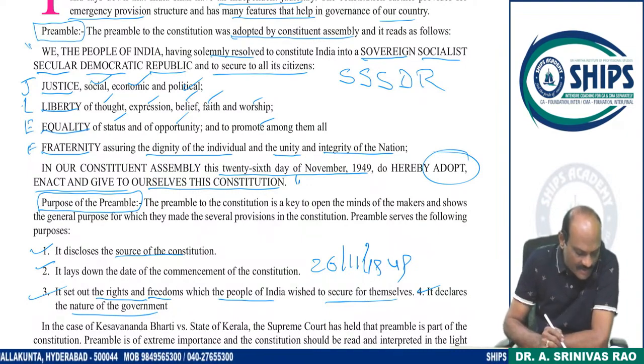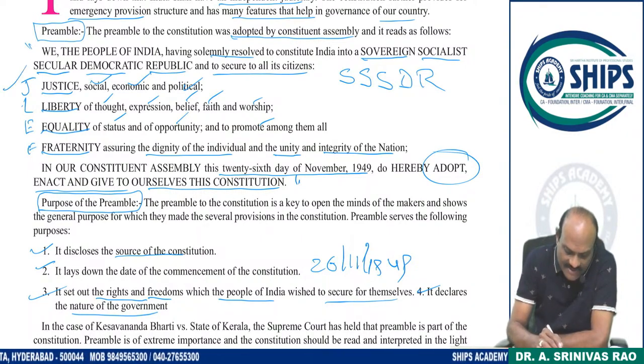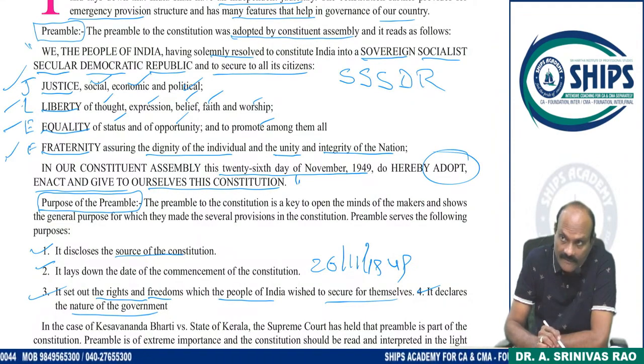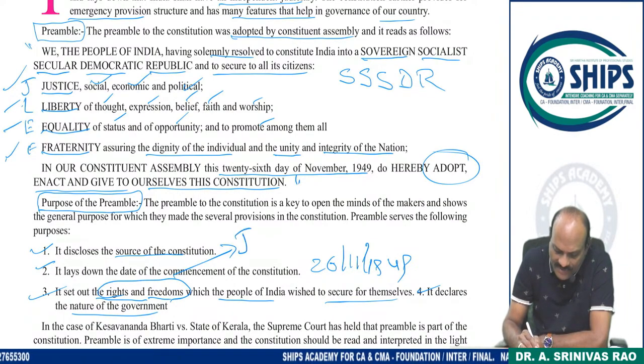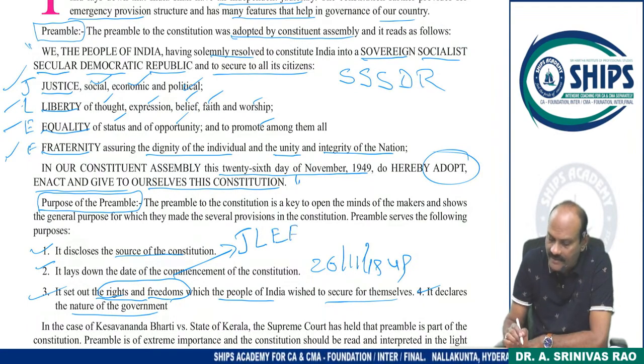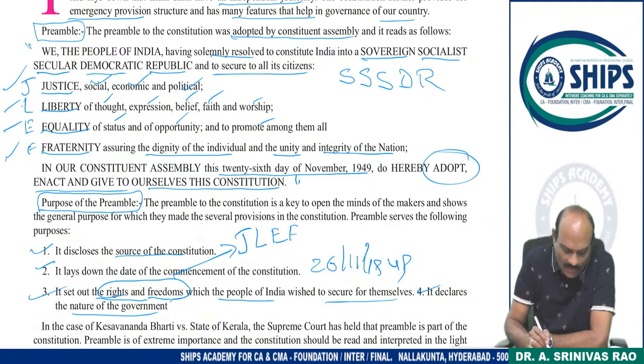And the other is rights and duties. We have the rights and duties point of view. These words: justice, liberty, equality and fraternity. These rights and freedoms you can remember as examples of justice, liberty, equality and fraternity. On the other hand, the government has to provide each kind, the nature of the government.